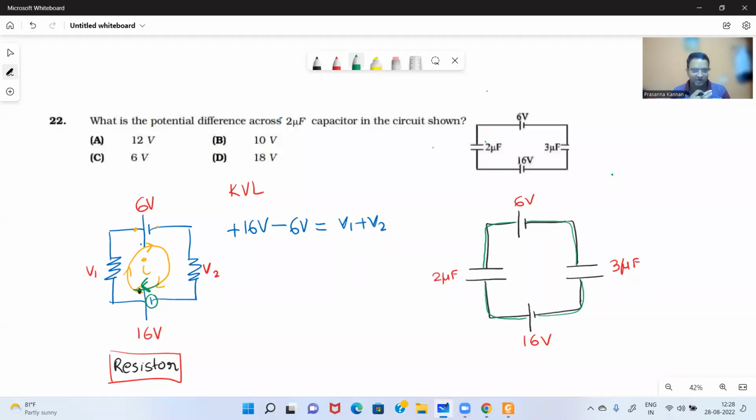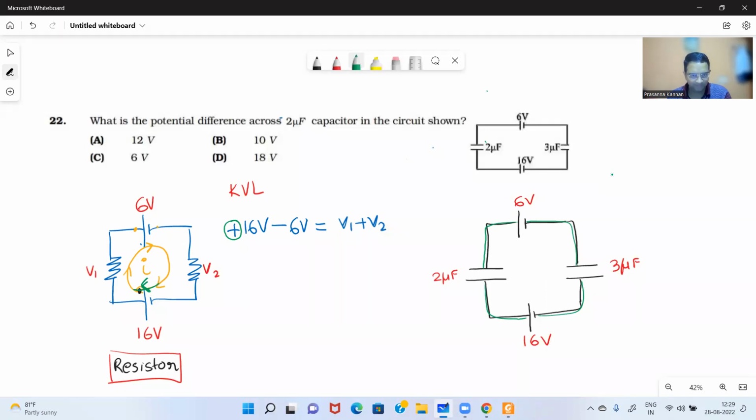Negative. Then after that I'm seeing the positive terminal. So it's negative to positive; negative is lower, positive is higher. So I'm going from lower to higher potential, correct? Then I should put a plus sign. Whenever there is an increase in potential, I'll put a plus sign.